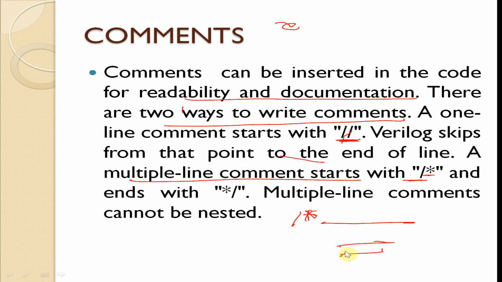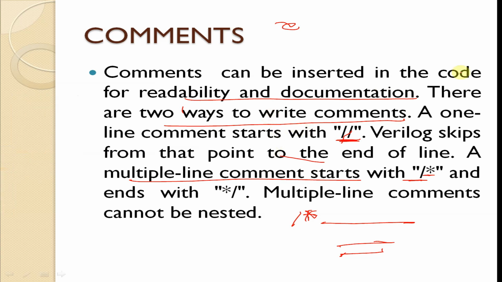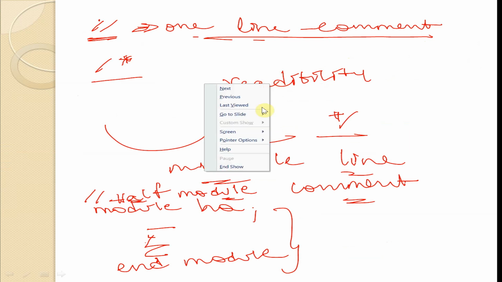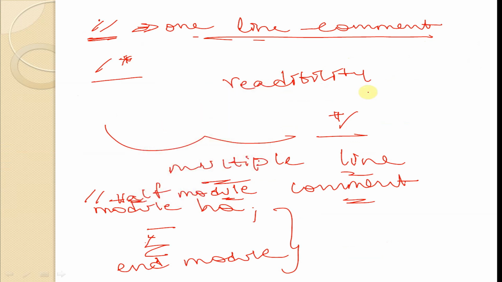Wait a minute. So there are basically two types of comments. One is the one line comment, which comments only a single line, and another is the multiple line comment, which comments all the lines written inside that multiple line comment. For example, this is a one line comment.